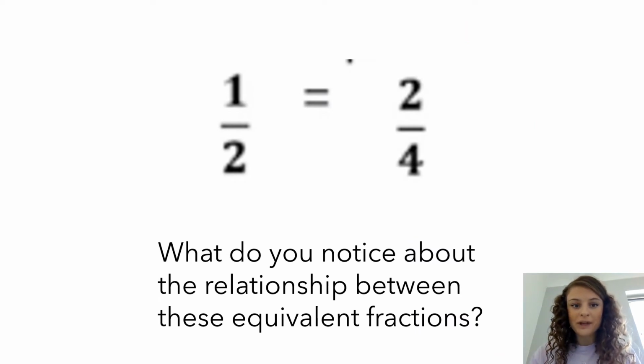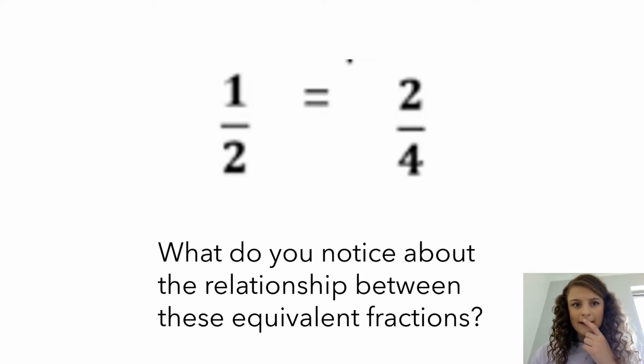Okay, now I have got 1/2 and 2/4 on my screen. And it says, what do you notice about the relationship between these equivalent fractions? Well, I know that I have doubled 1/2 to make 2/4. Doubled 1 is 2 and double 2 is 4.